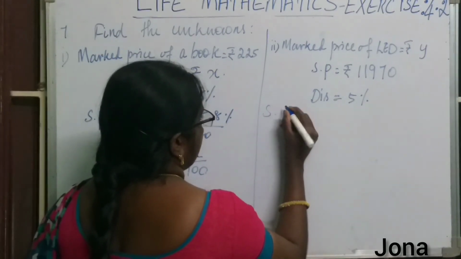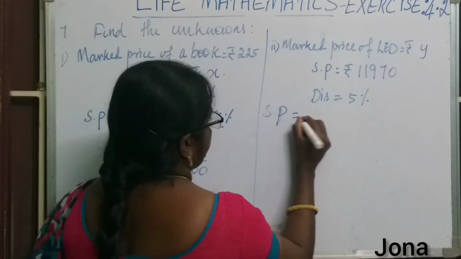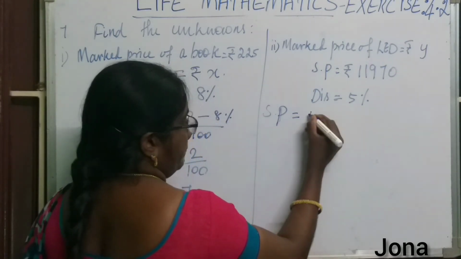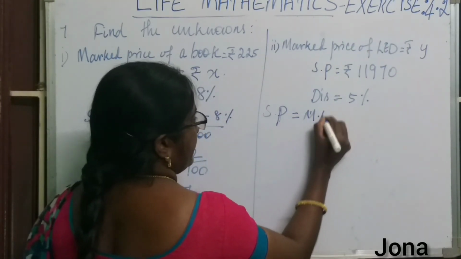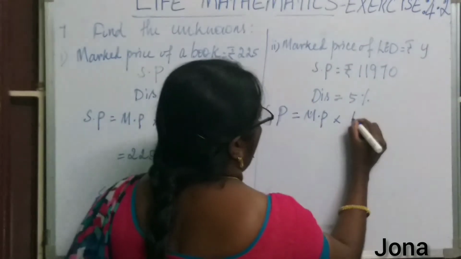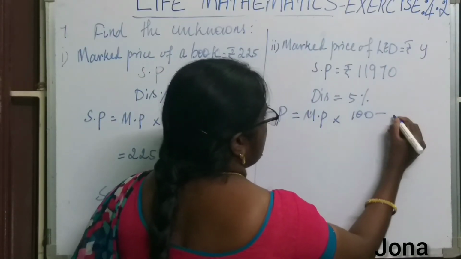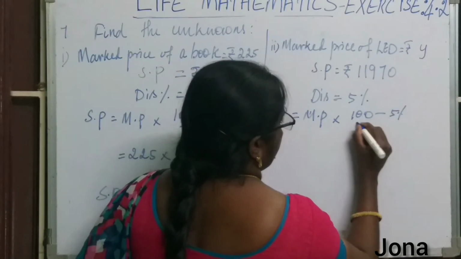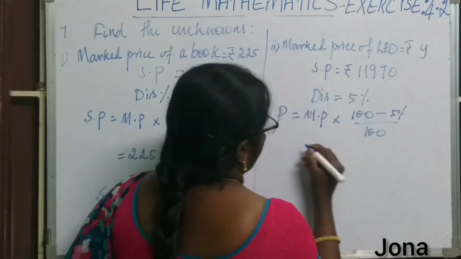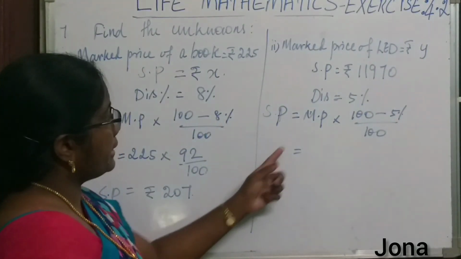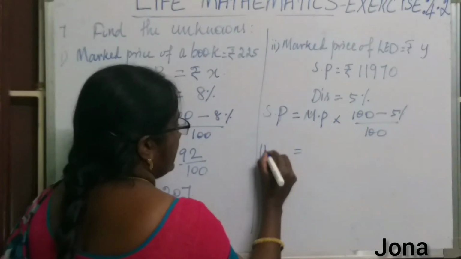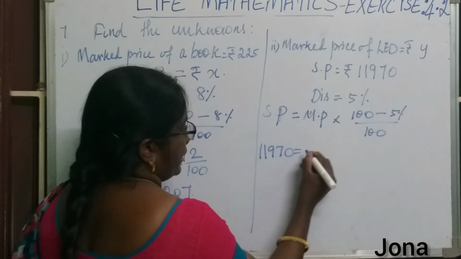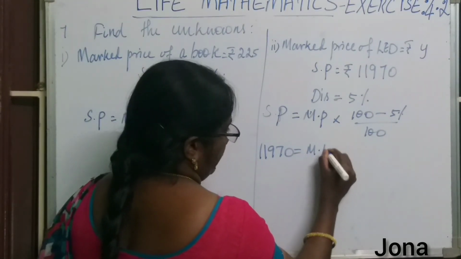That SP equal to mark price, CP, that means here it is mark price into 100 minus this percentage divided by 100. Just nothing but how much the selling price here? 11,970 equal to mark price we want to find here.